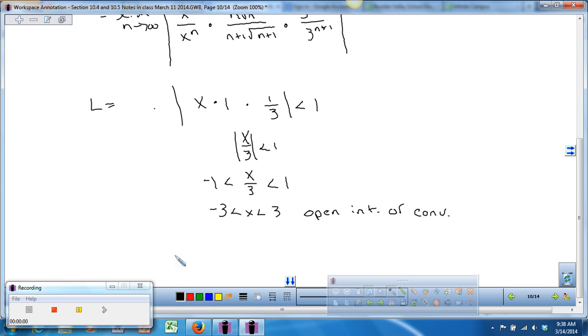Now, what we want to know, so we know the general open area where the series overlaps the function or the series has a finite sum. We need to know if that includes -3 and 3 or if it does not include them.